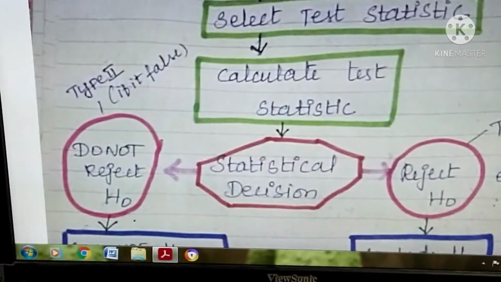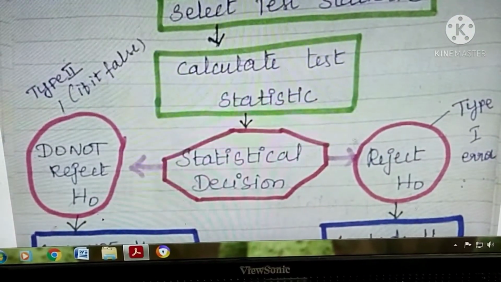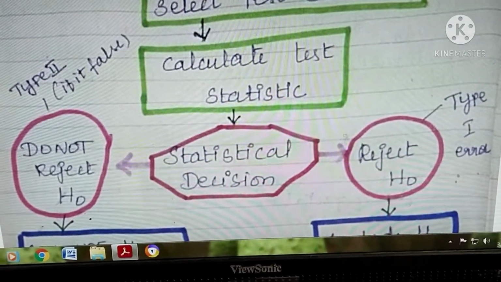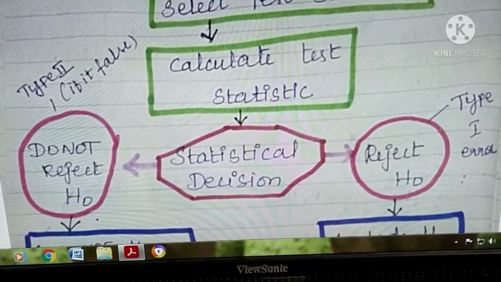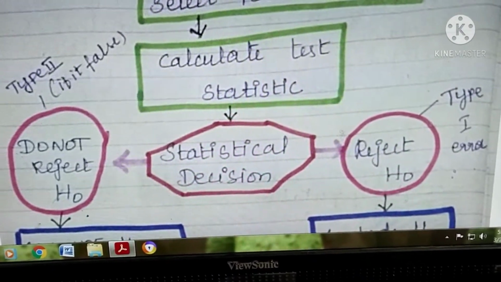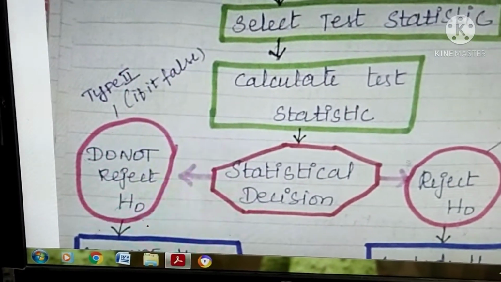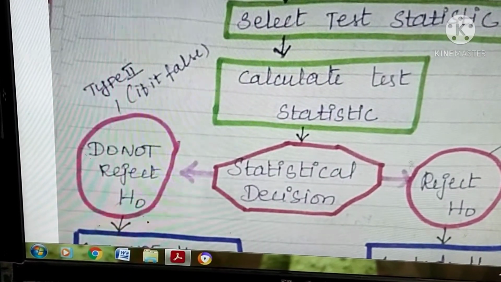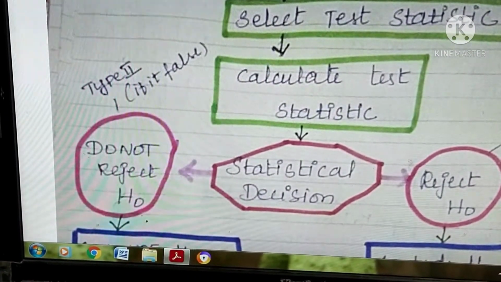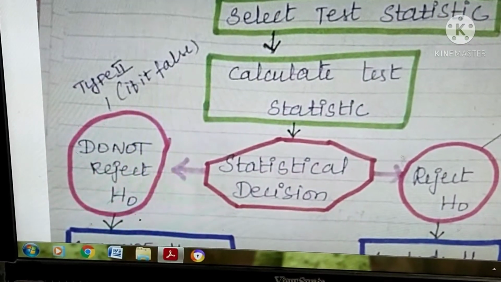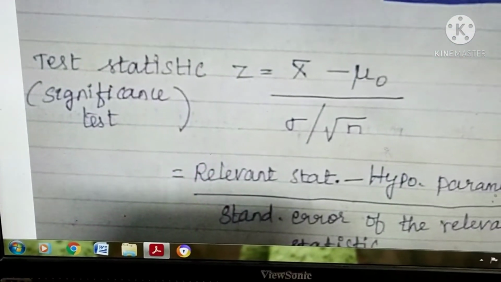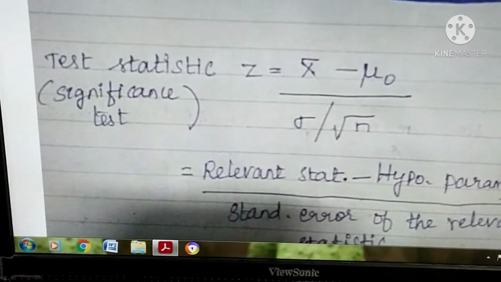In case of error calculation, if you are rejecting the null hypothesis wrongly, there is type 1 error occurrence, and if you are not rejecting the null hypothesis and come to a false conclusion, we are creating type 2 error.